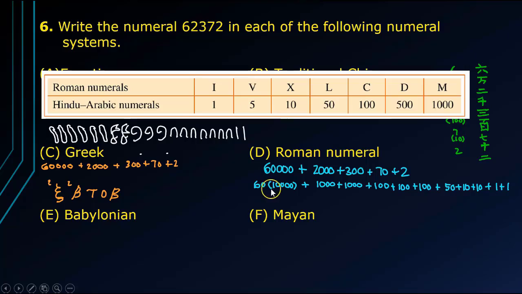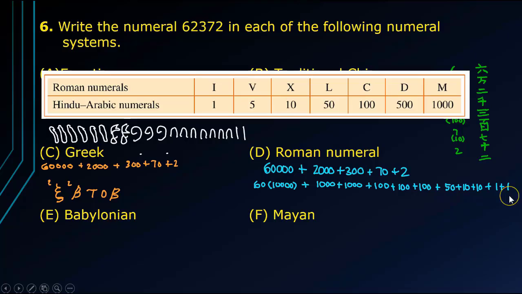So I'm going to look at 60 10,000s, 1,000 plus 1,000, and what I'm trying to do is put this in an order in which I can write the symbols that go next to them. Plus 100 plus 100 plus 100 is 300. 70 is 50 plus 10 plus 10.